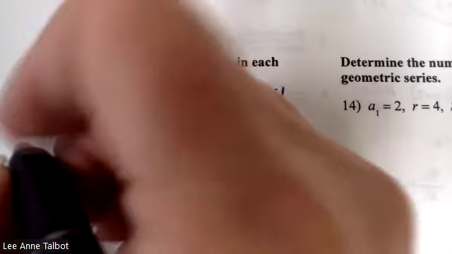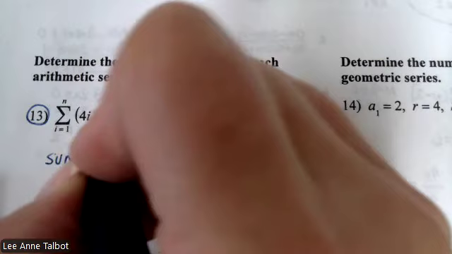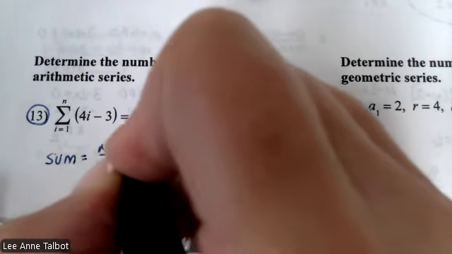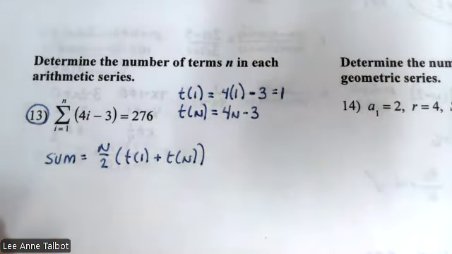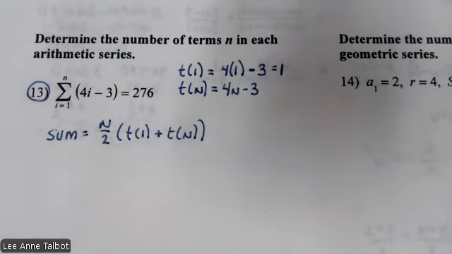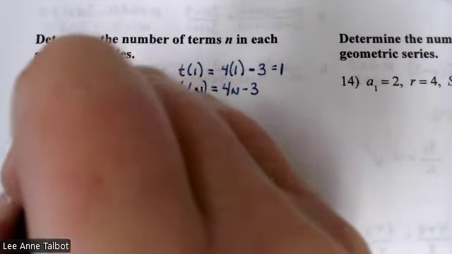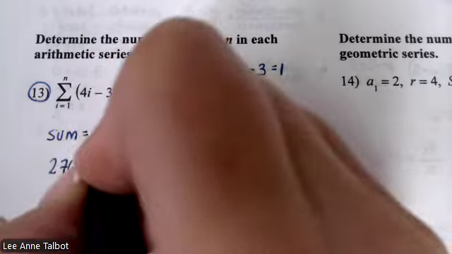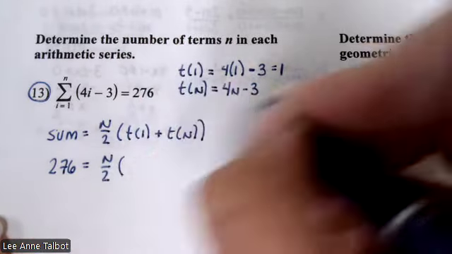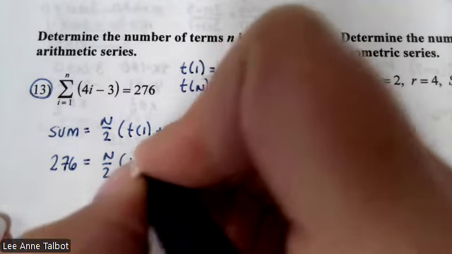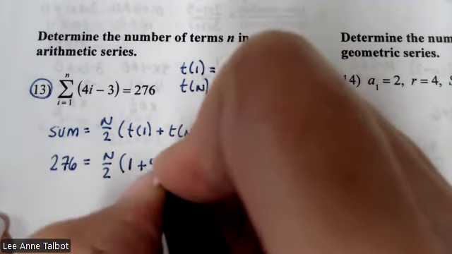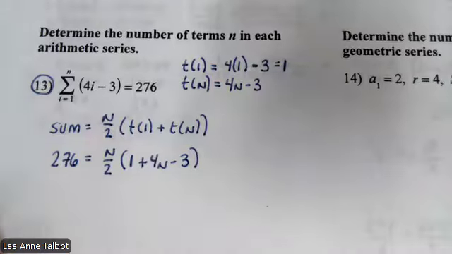Okay, now the formula is sum equals n over 2 times T1 plus Tn. What number up there is the sum? 276 equals n over 2 times T1, which I found up here is 1, plus Tn, which I found up here is 4n minus 3.